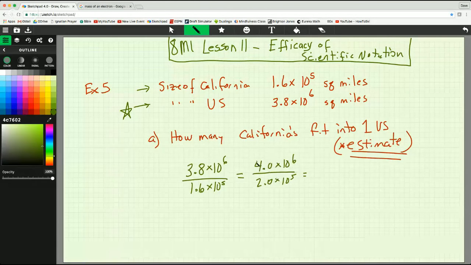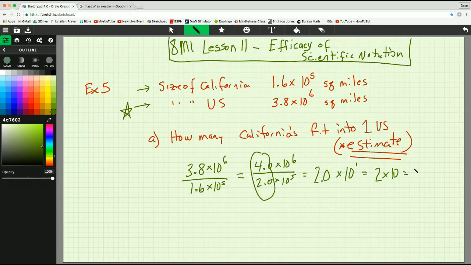You divide your first two numbers and you get 2.0. And you subtract your exponents on the second one. So 6 minus 5. So 2 times 10 to the first is the same thing as 2 times 10, which is equal to 20. So there are about 20 Californias in the US.